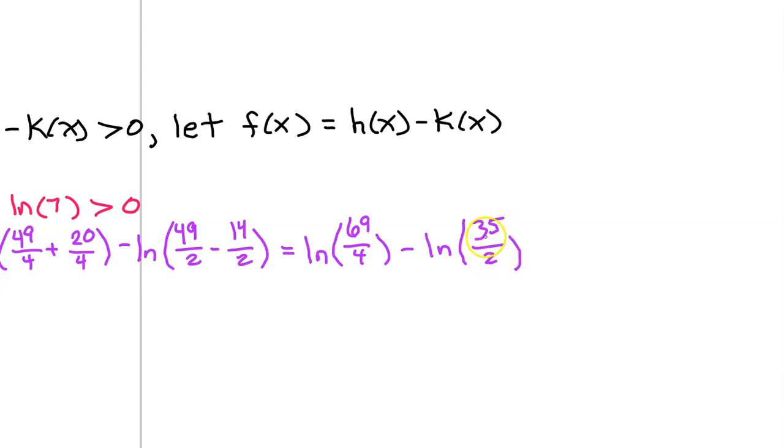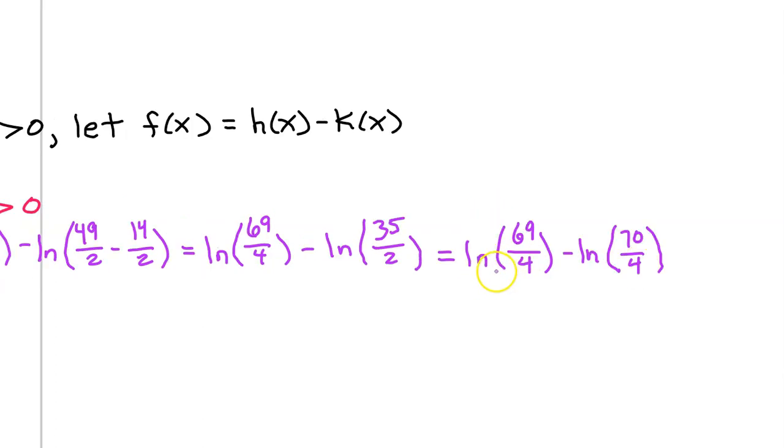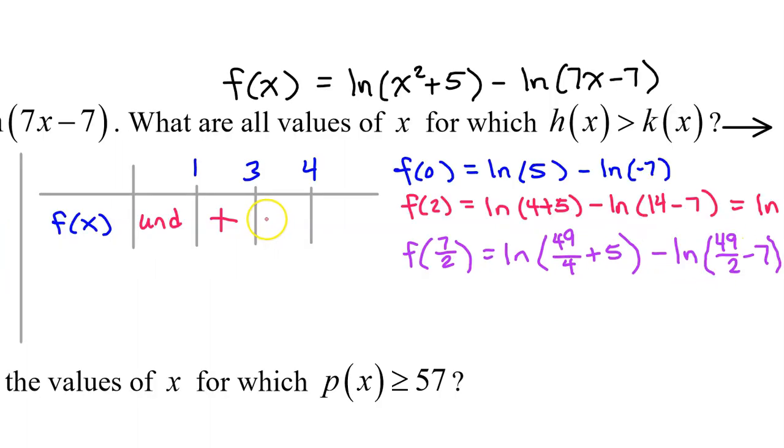So multiplying the 35 over 2 by 2 over 2, we get the natural log of 69 over 4 minus the natural log of 70 over 4. This second expression is bigger, so the value of this expression will be negative, which is all that matters. So f of x is negative in this interval.